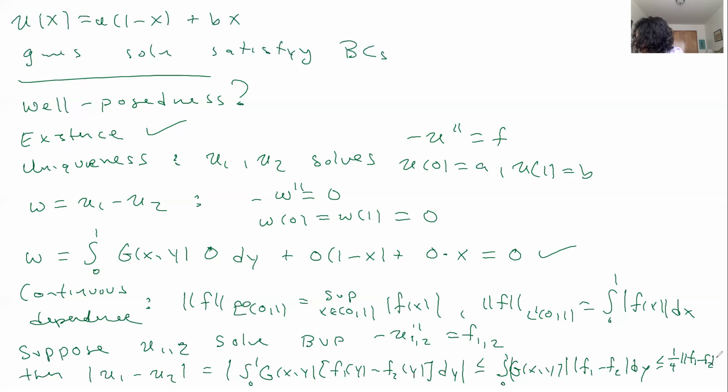So we can bound this from above by the infinity norm or the L1 norm here. Okay. So we have these three features, right, that we need. We have continuous dependence, and we have uniqueness in this case. Okay. And all of them come from this formulation of the solution to the Poisson equation in terms of Green's function, right? Okay.